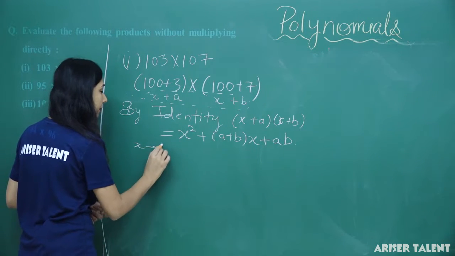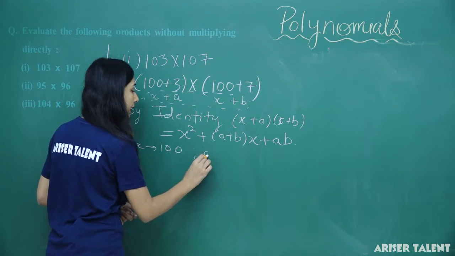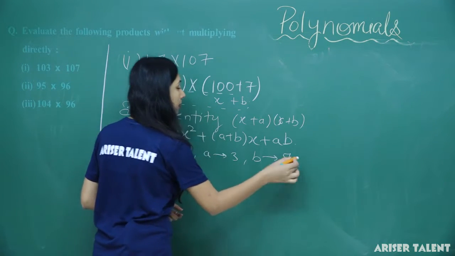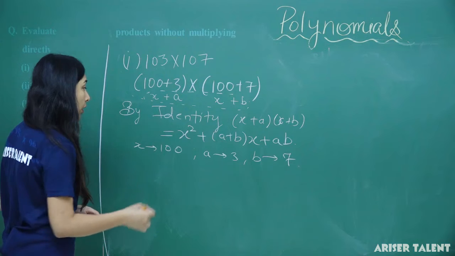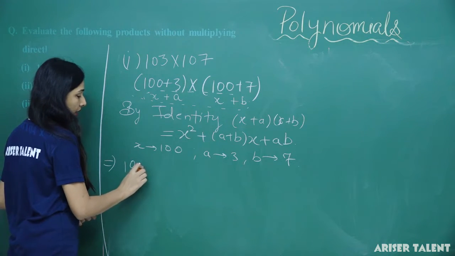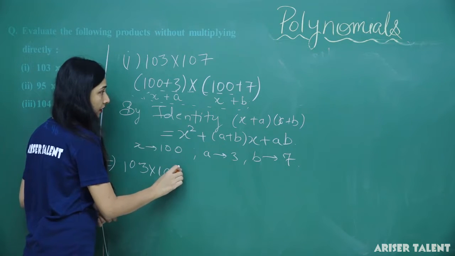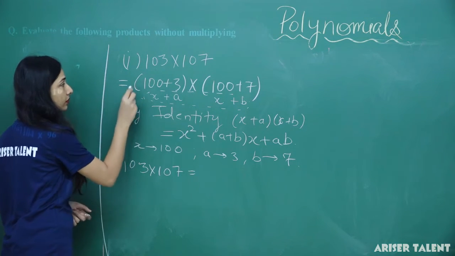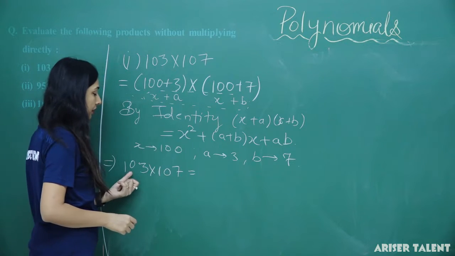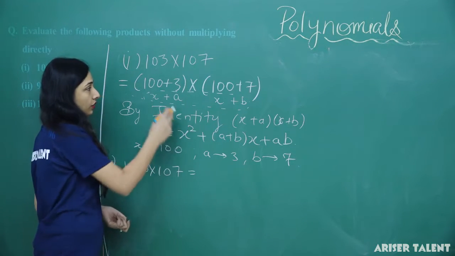Here x is 100, a is 3 and b is 7. Simply just put the values.